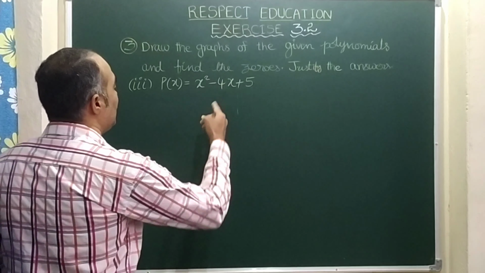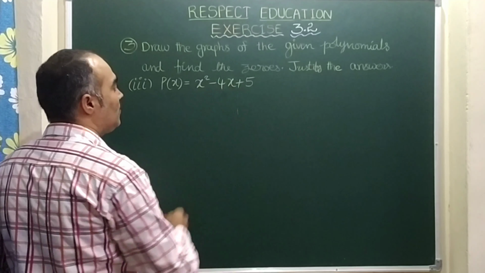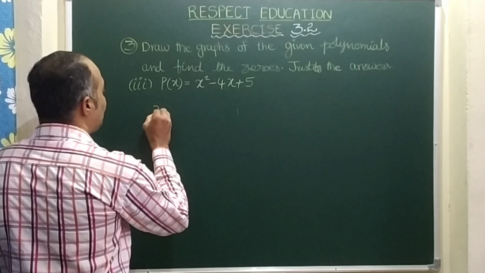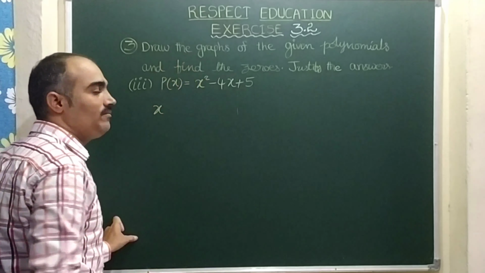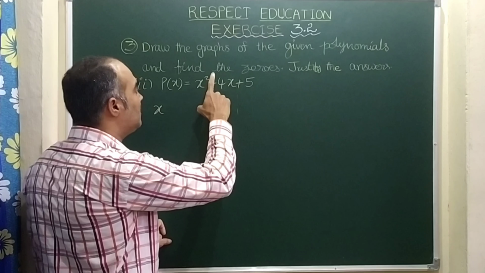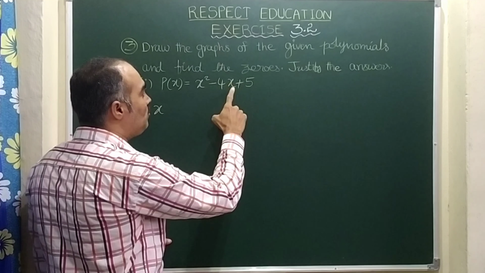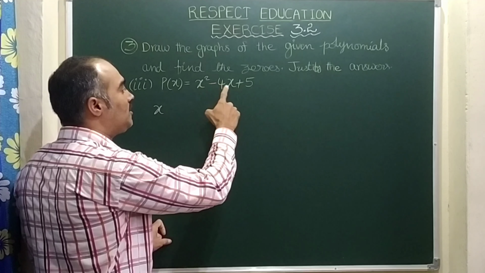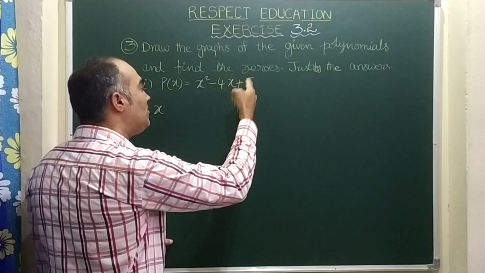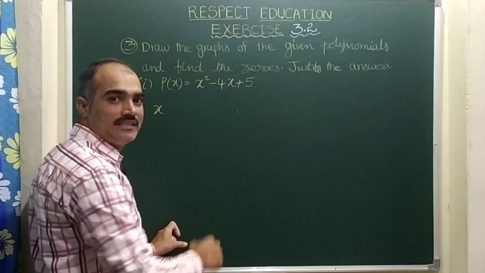So here p of x equal to x square minus 4x plus 5. As usual we take some values of x. Before starting that, let us take orally. If I take minus 1, whole square is plus 1, and minus 4 into minus 1 is plus 4. 1 plus 4 is 5, 5 plus 5 is 10. So whatever negative numbers you take, this number goes on increasing.